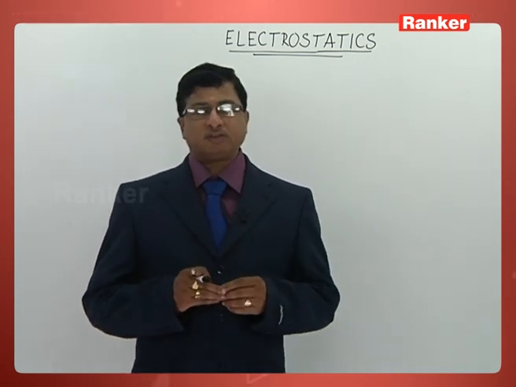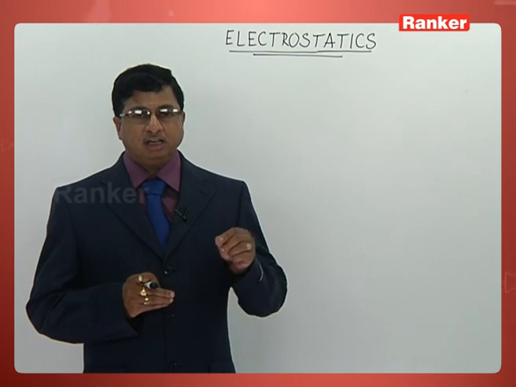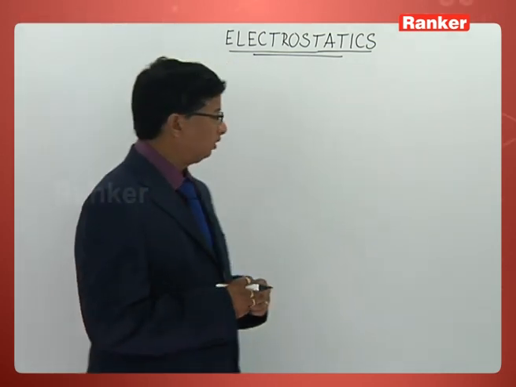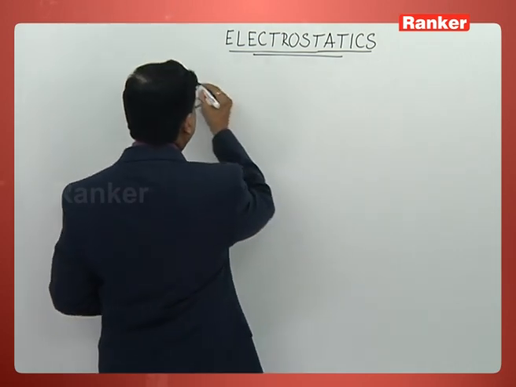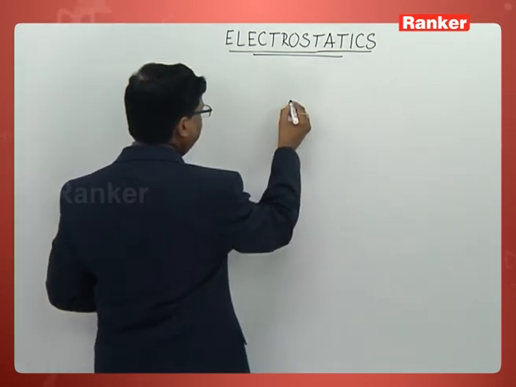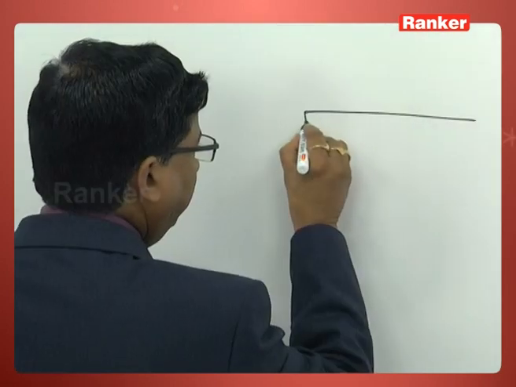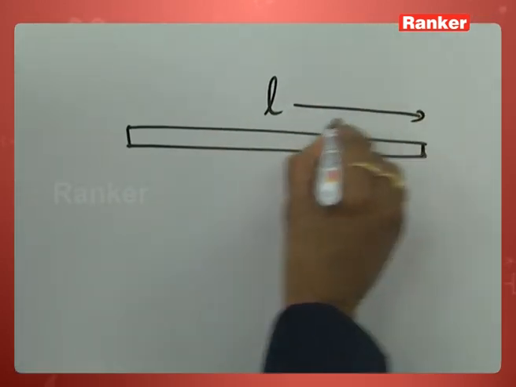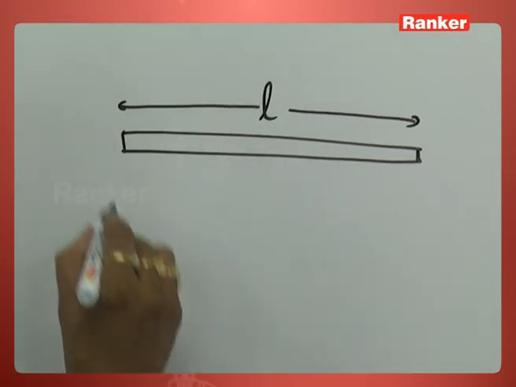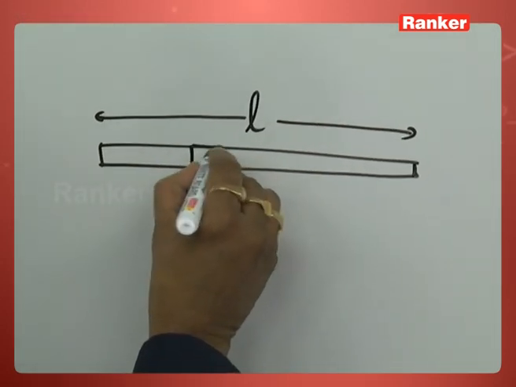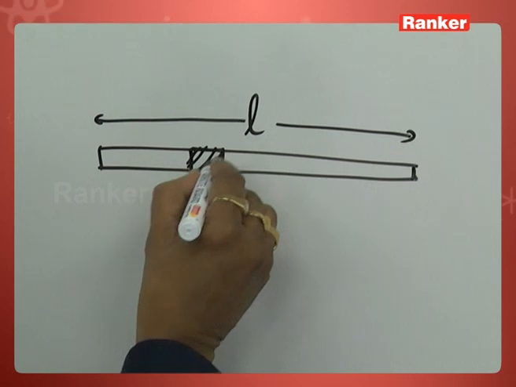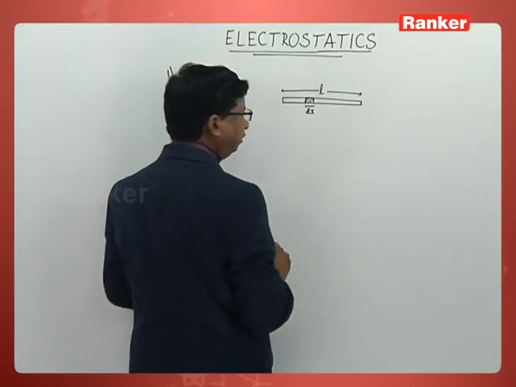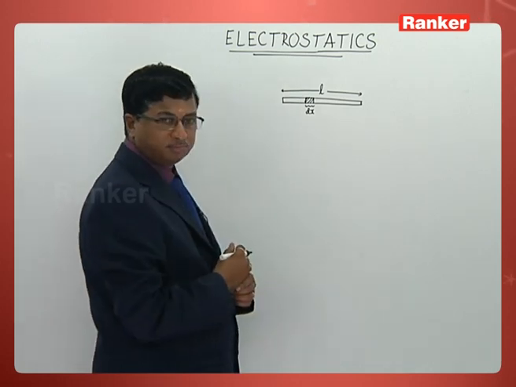Let us work out first the linear charge density of a thin metallic rod. For question 1, there is a rod taken of length L. Out of this rod, let us consider a small element of length dx.